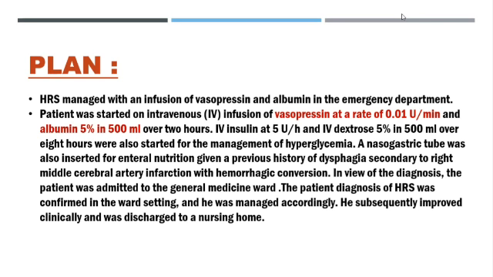The hepatorenal syndrome patient was managed with an infusion of vasopressin and albumin in the emergency department. The doses of the infusions which we will give to the patient are mentioned here. The dose for vasopressin is at a rate of 0.01 unit per minute, and albumin 5% is 500 ml over 2 hours. IV insulin of 5 units per hour and IV dextrose 5% in 500 ml over 8 hours were also started for the management of hyperglycemia.